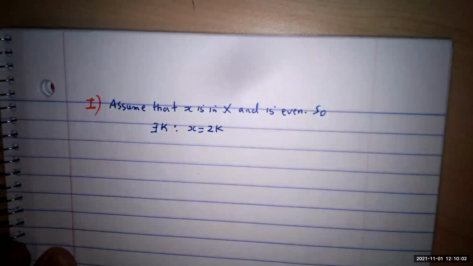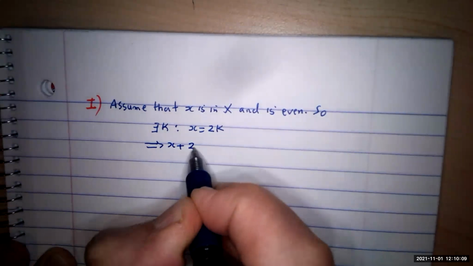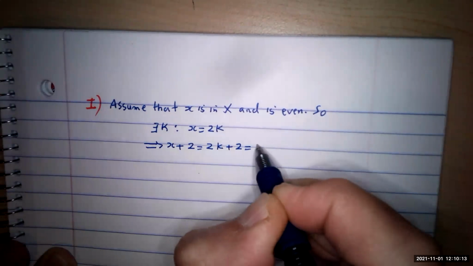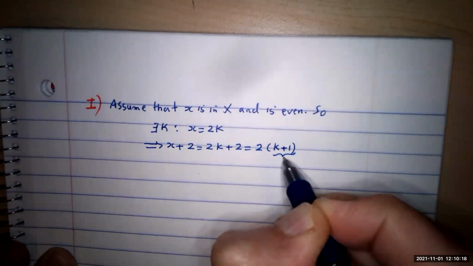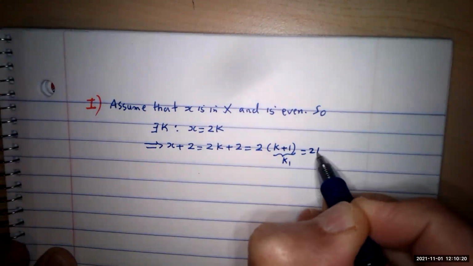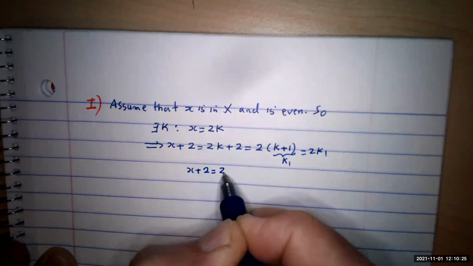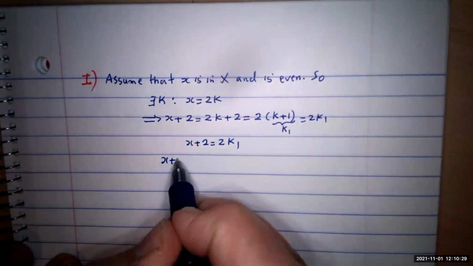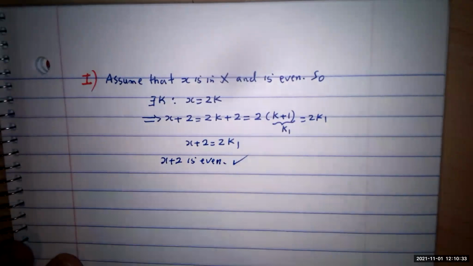Bring the child. The child is x plus 2. That would imply that x plus 2 is 2k plus 2. You factor out the 2, that gives you k plus 1. You call this k1, that gives you 2k1. So x plus 2 is 2k1. So x plus 2 is even. That's it.